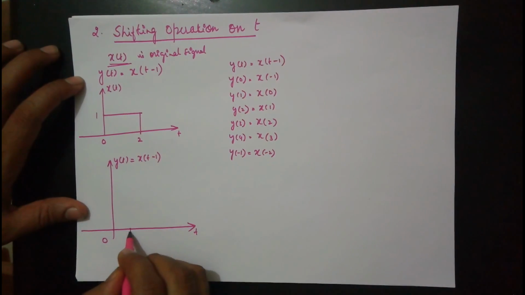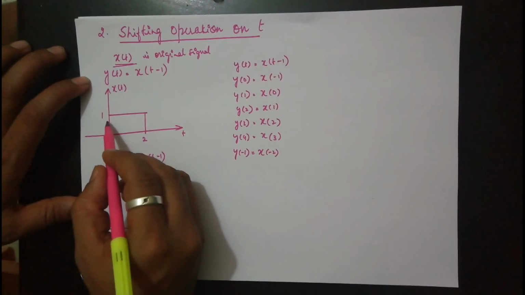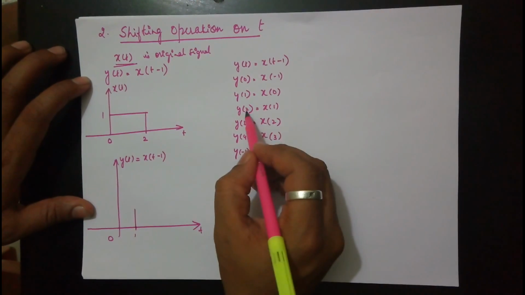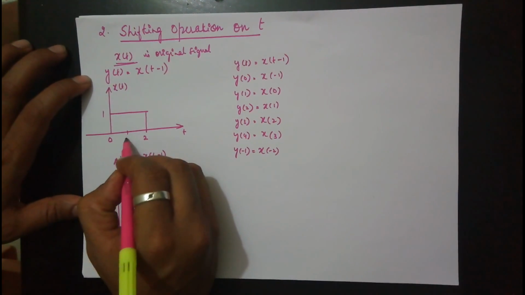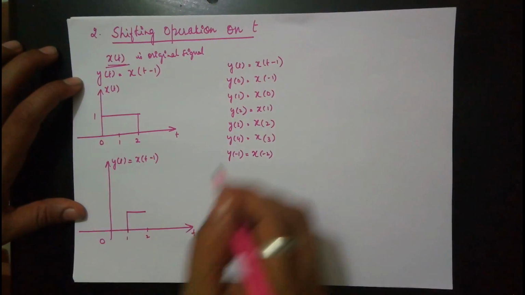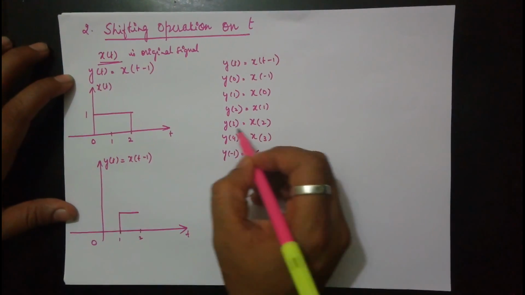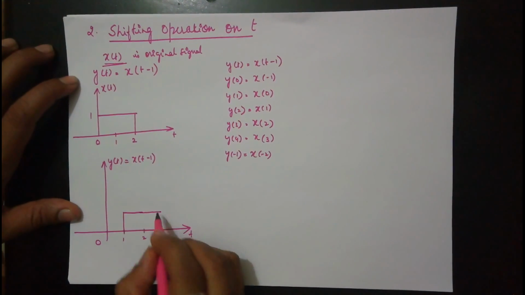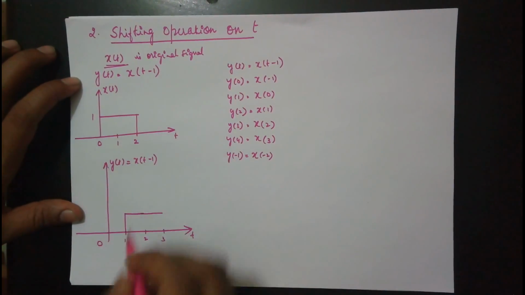That means at y of 1, whatever was there at x of 0 I will be getting at this point. Y of 2 is x of 1, so I will be having 1 here. So at y of 2 I will be having amplitude of 1. Y of 3 will be x of 2, and x of 2 has amplitude 1.